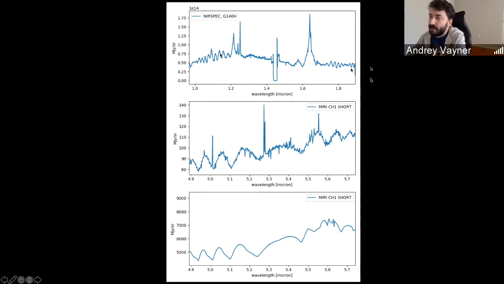The undersampling occurs at the slicer level. Both of these are slicer spectrographs, and the slicer width is 0.1 arc seconds, which is several times bigger than the resolution of JWST at near infrared wavelength. And that also persists onto the detector level.